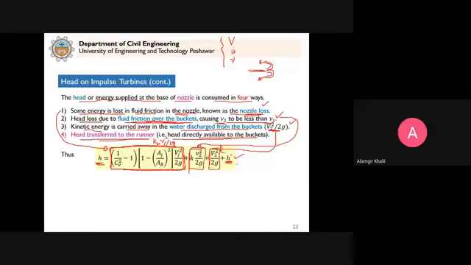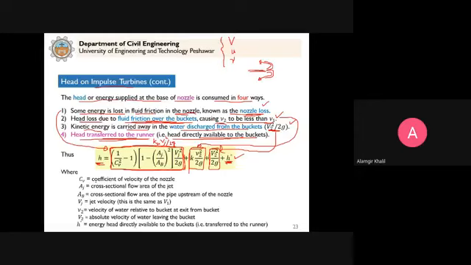When we study the reaction turbine, I will show you the H dash, and then the head transferred to the runner is H double dash. So to be consistent with that, for the impulse turbine, we directly use H double dash. Clear?